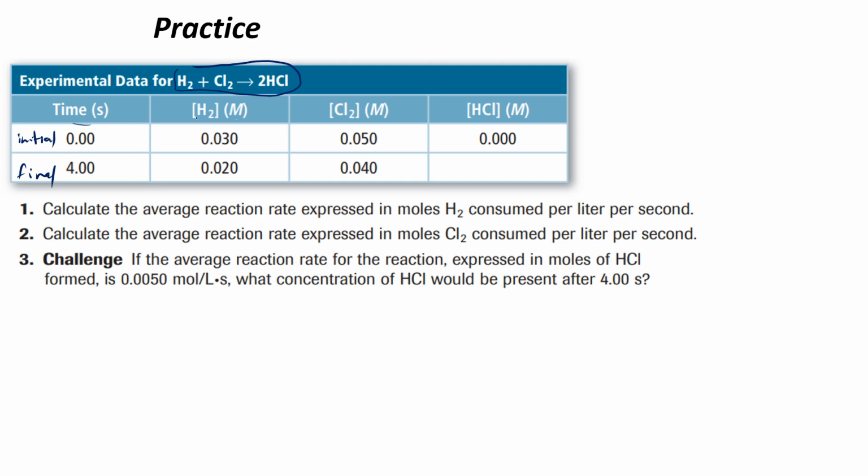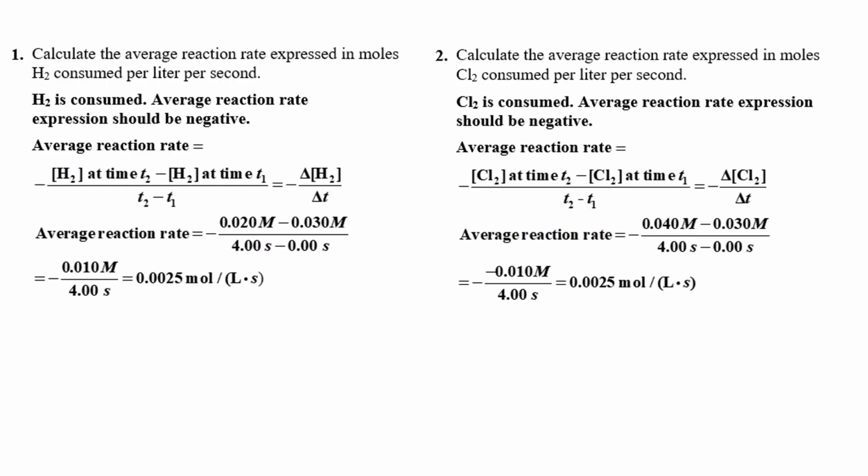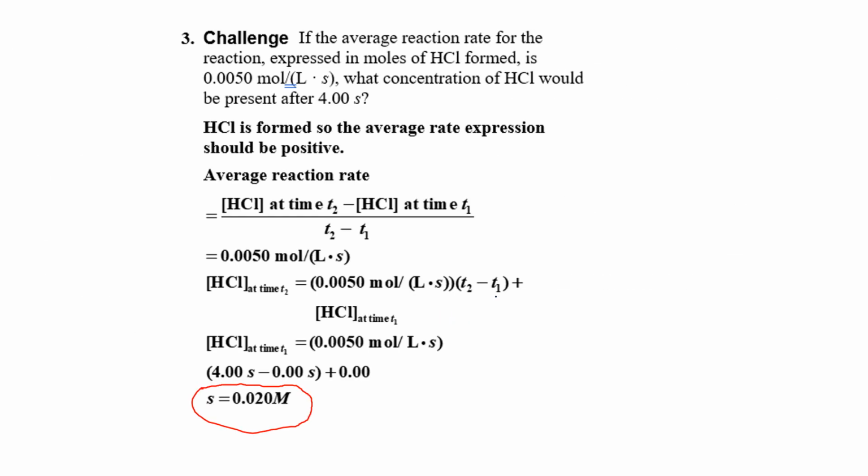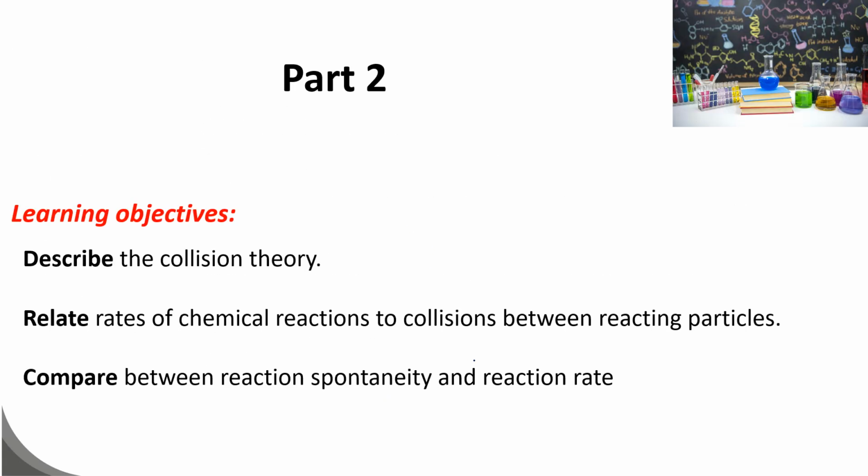This is the concentration of H2, initial and final. For Cl2, initial and final. And for HCl, only initial. So you can use the table to solve questions 1, 2, and 3. So practice on your own, and then you can check your solutions here. الإجابات موجودة. Okay? Also here. Alright. That's the end of part 1, guys.